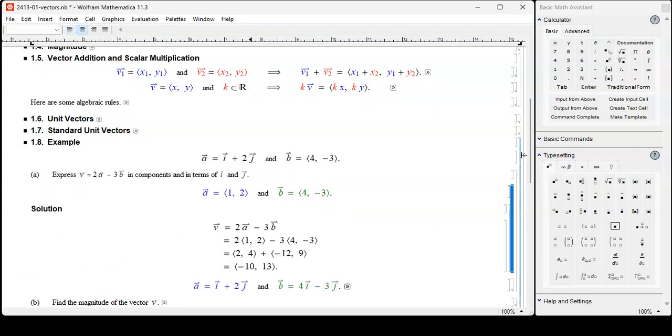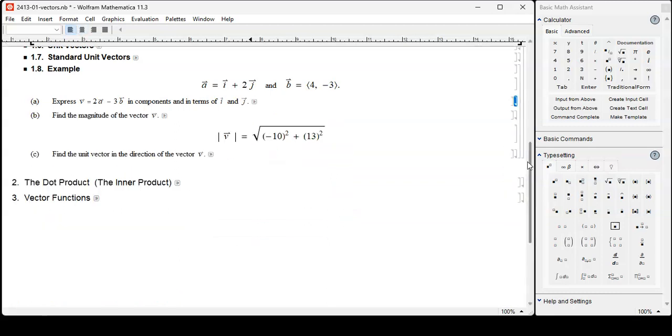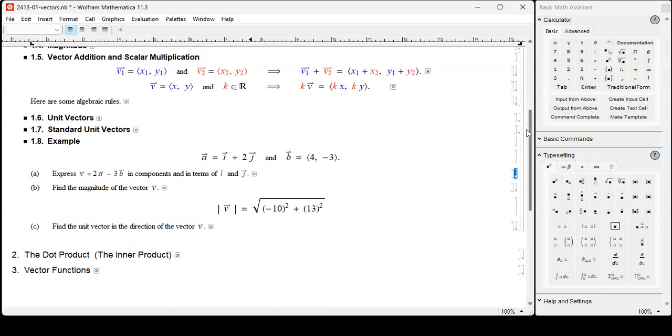Let's go back to the answer. The x-coordinate is negative 10, so this is negative 10 squared. The y-coordinate is 13, so this is 13 squared. Okay, just Pythagorean: horizontal squared plus vertical squared, and then square root. And that is 100 plus 169, so the square root of 269. Okay, there you go. That is the magnitude.